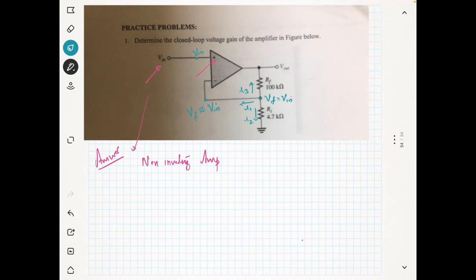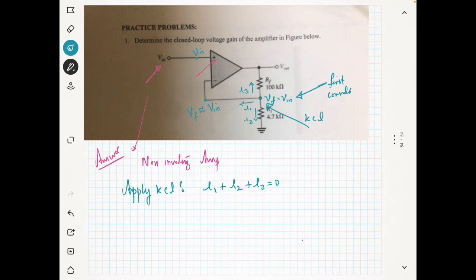So we will apply the Kirchhoff current law here, and the voltage is V in. So I1 plus I2 plus I3 is equal to 0. Since the currents are leaving the junction, you have to consider this voltage first.